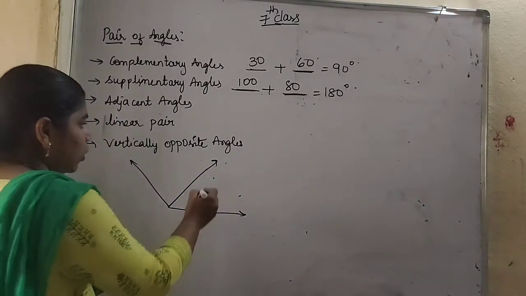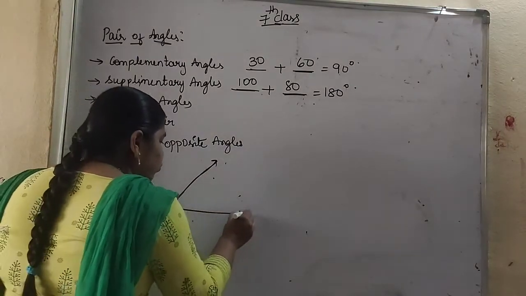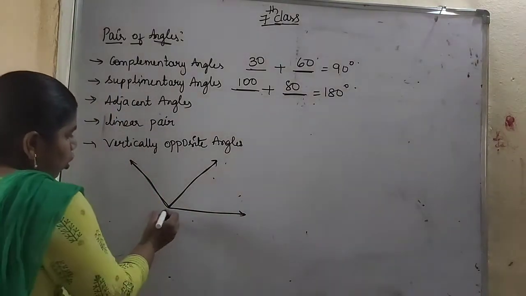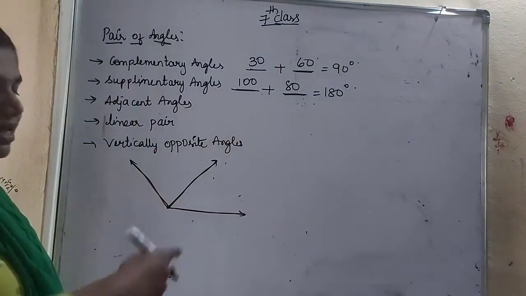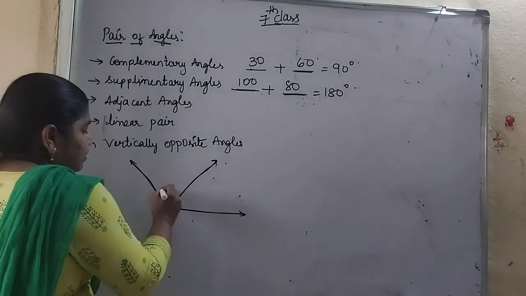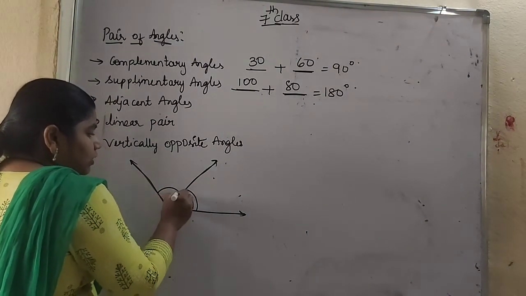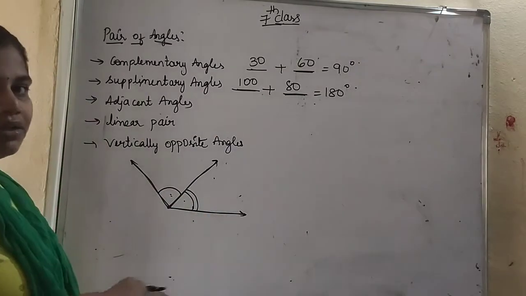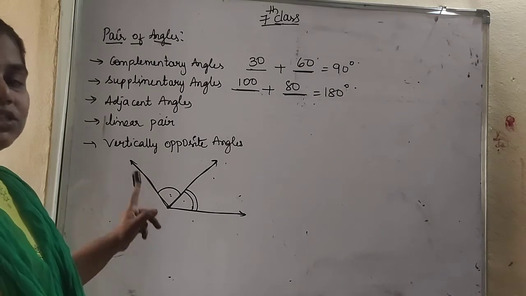This is a common arm for these two angles, these two rays, and this is a common vertex for all the three rays. Here one angle has been formed, and this is the other angle which is formed. These are lying side by side, so we can call them adjacent angles.